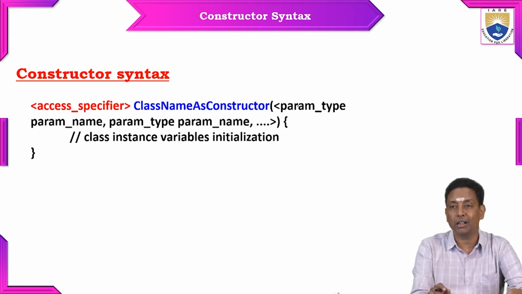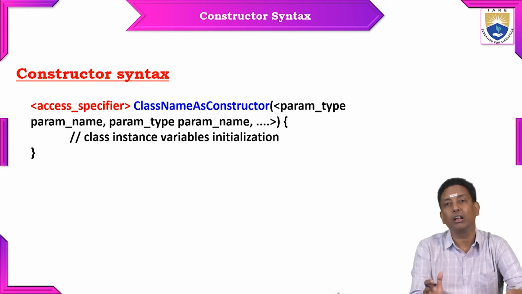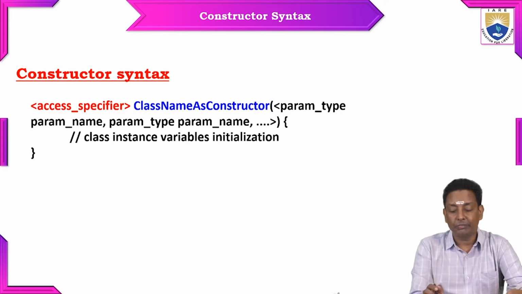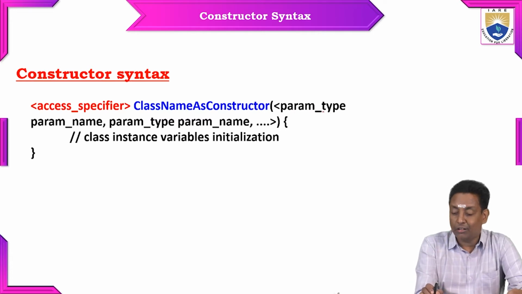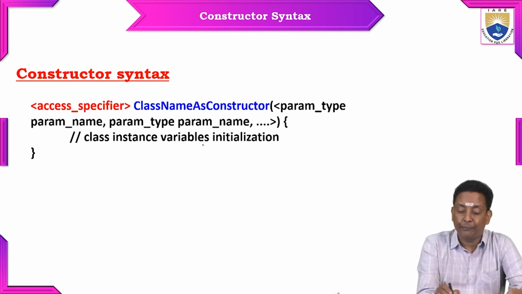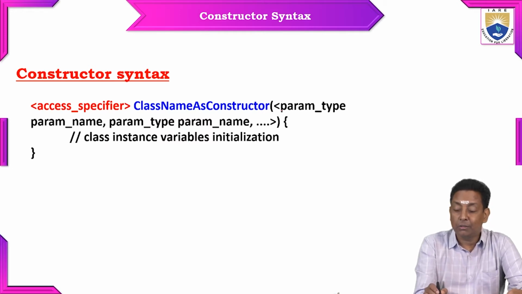A constructor may contain 0, 1, 2 or n number of parameters. If parameters are passed in the constructor, with those parameters the class instance variables are initialized. Suppose you don't pass any parameters, then default values will be initialized to the class instance variables.